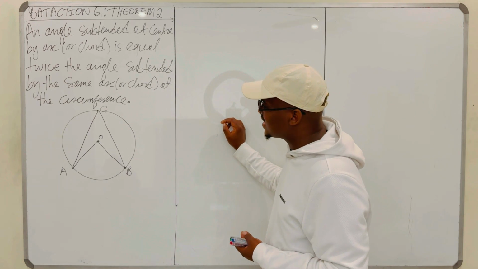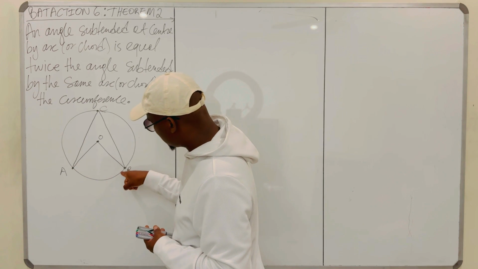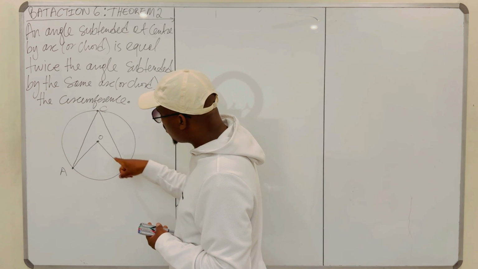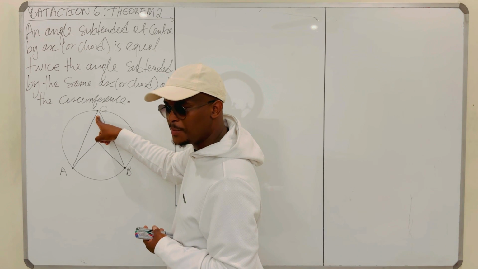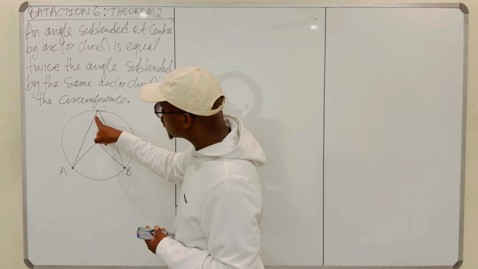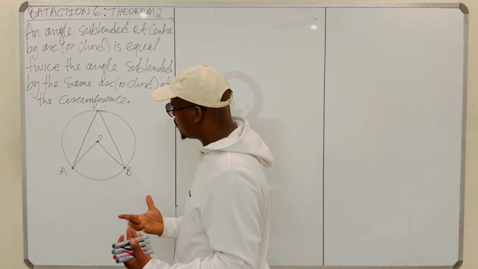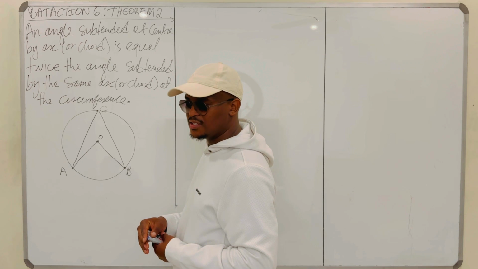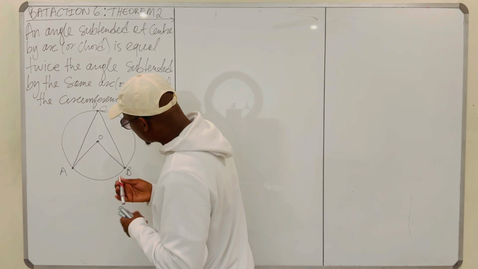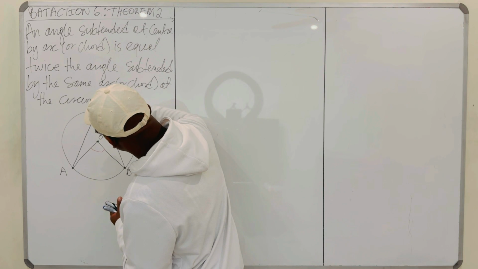So the angle subtended at the center by this minor arc of yours will be double that subtended at the circumference. So what we want to show is that the size of angle O will be 2 times that of angle C.